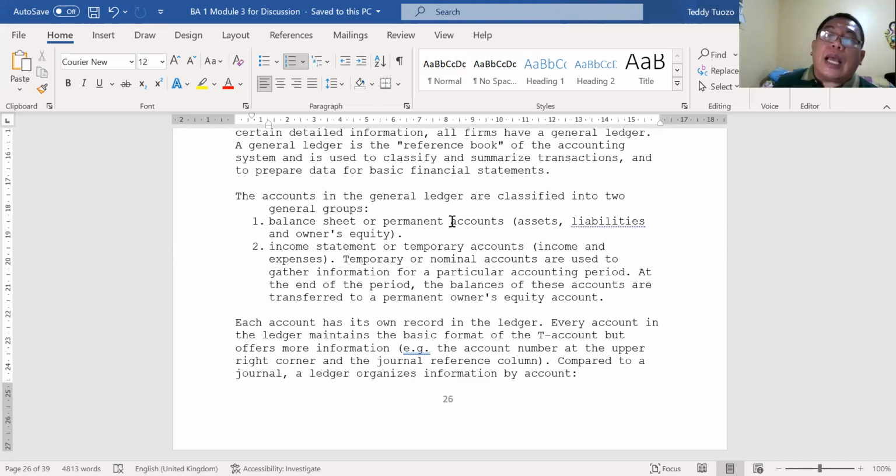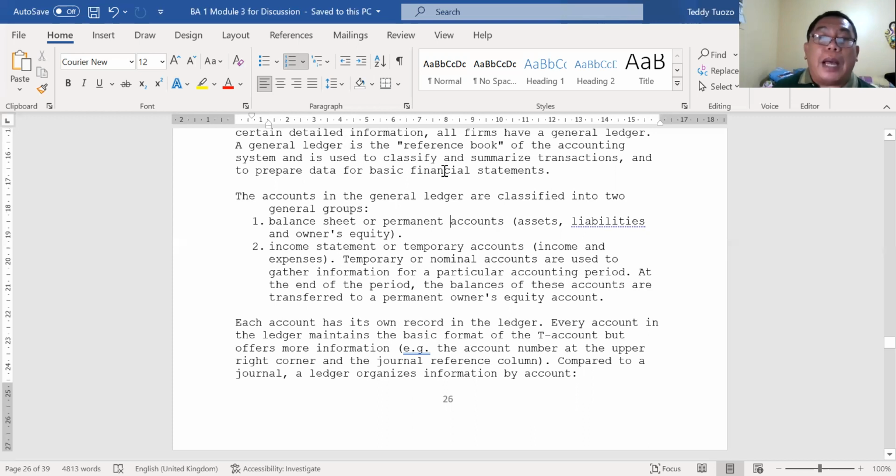Like, for cash, no? Cash is a balance sheet account or a statement of financial position account. So, if your cash ending balance is 10 pesos, it becomes the beginning balance for the next accounting period, or for the following year.